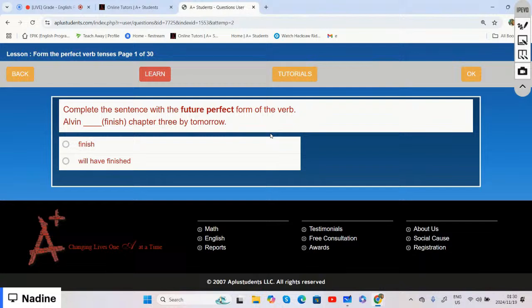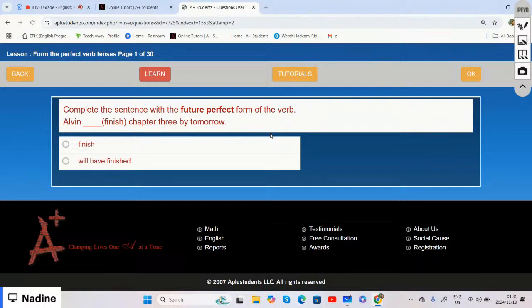Do we say Alvin, option one, finish, or option two, will have finished chapter 3 by tomorrow? Which one is correct?